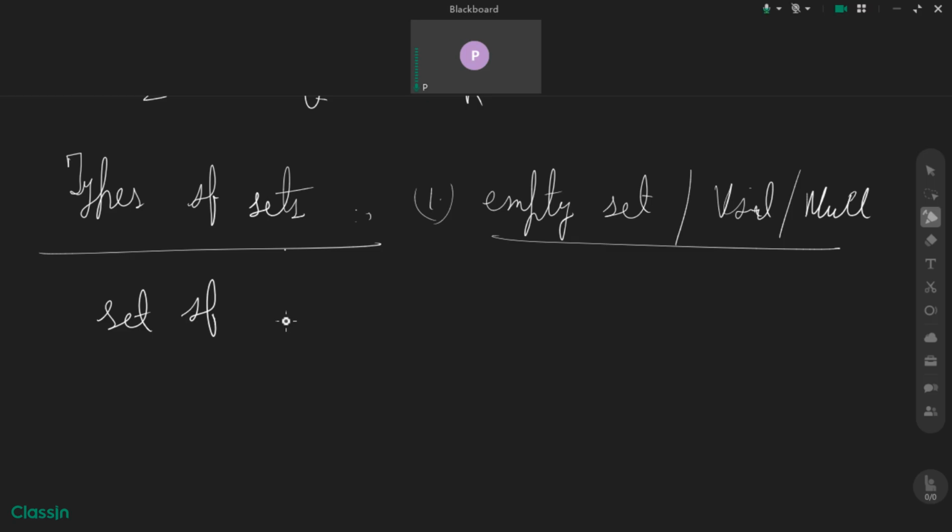So we'll say that this kind of set is not possible, and this is an empty set. How do we represent an empty set? We represent it by phi. Phi represents the empty set, void set, or null set, or we represent it with two curly brackets without any elements.